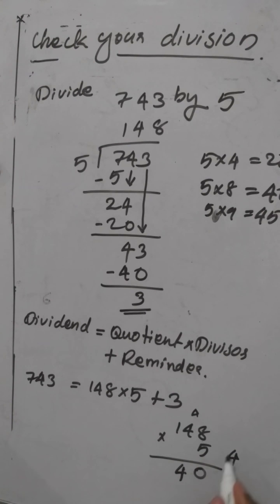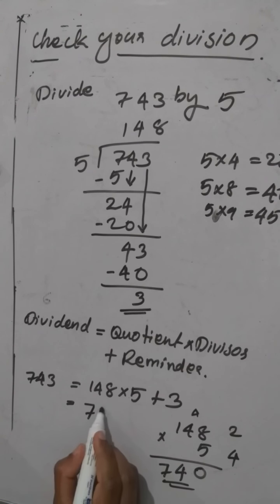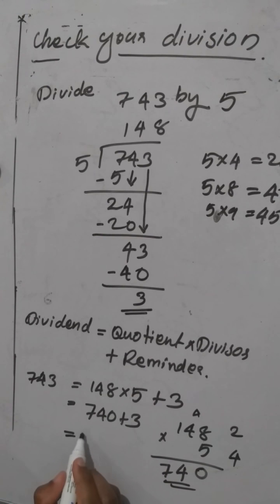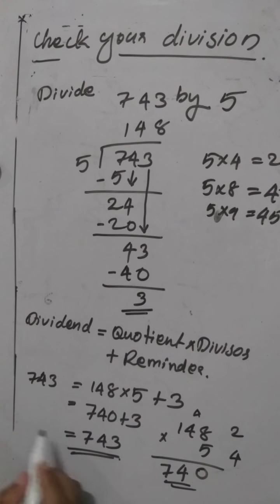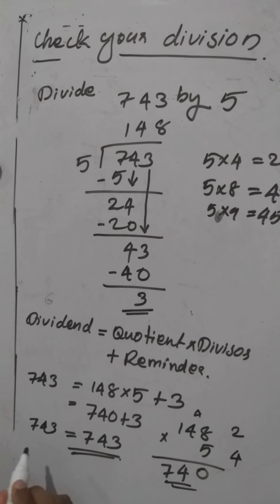Then 4 we can write, and carry 2. 5 1's are 5 plus 2, 7. So here we got 740 plus 3, that is equal to 743. So we got the same number as on the left hand side. So we can say that our division process is correct.